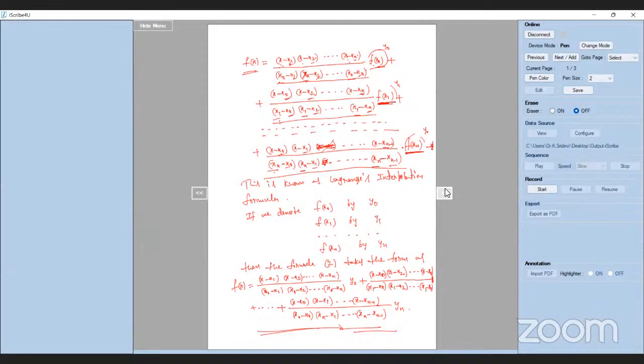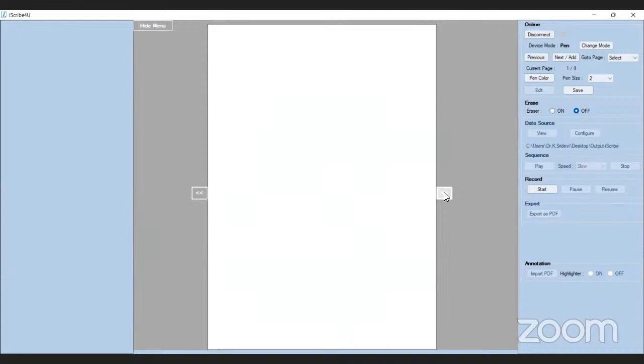So see the example here. For that, I will take another page.